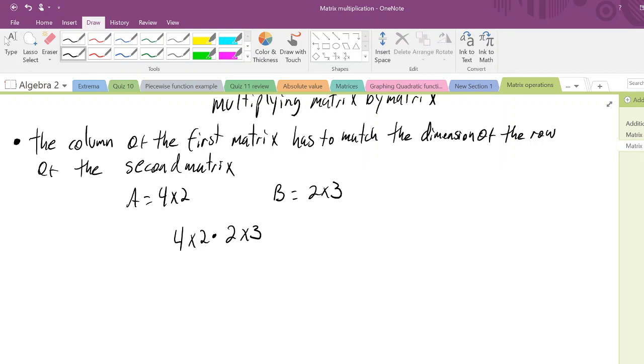So I have 4 rows, 2 columns in my matrix A, and 2 rows, 3 columns in my matrix B. These inside numbers are going to let you know if it's possible. If the inside numbers match, then you're going to be able to multiply them. If they don't match, then you can't. So if I had a 4 by 3 times a 2 by 3, these two numbers inside don't match, so that's when you know you cannot multiply these two matrices.